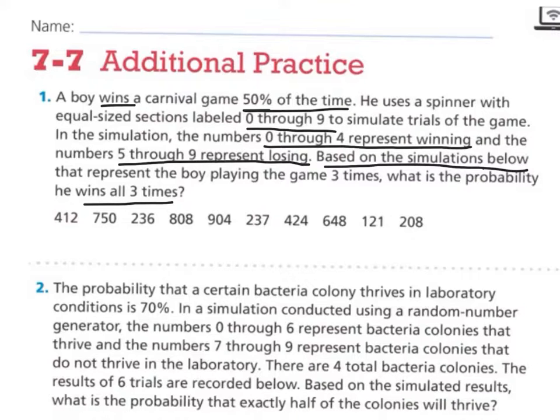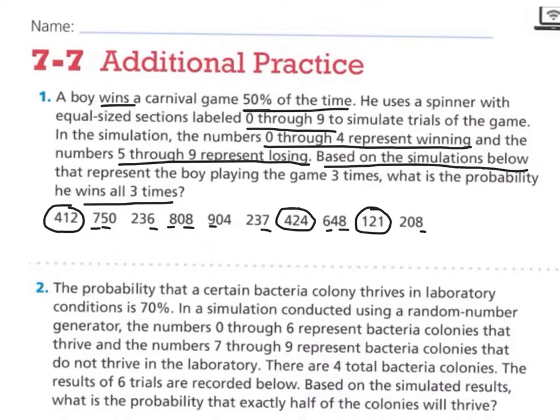So the options here where he wins all 3 times, 412, all those are from 0 through 4. 424, all of those are from 0 through 4, and 121, all those are from 0 through 4. All the other ones have numbers involved that are not between 0 and 4, kind of highlighting why these other ones don't work.